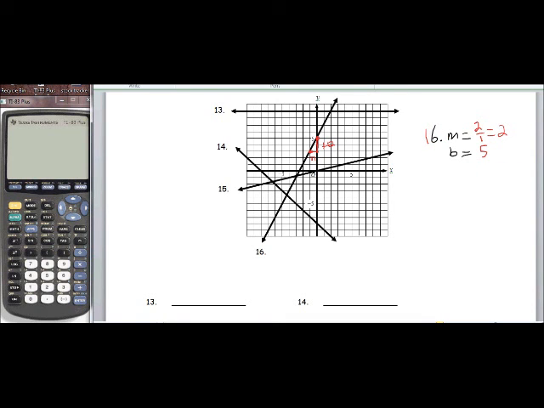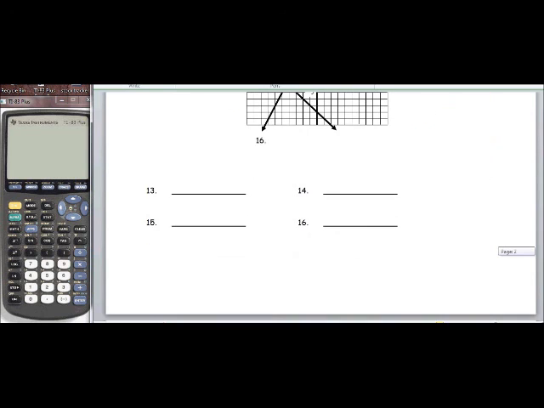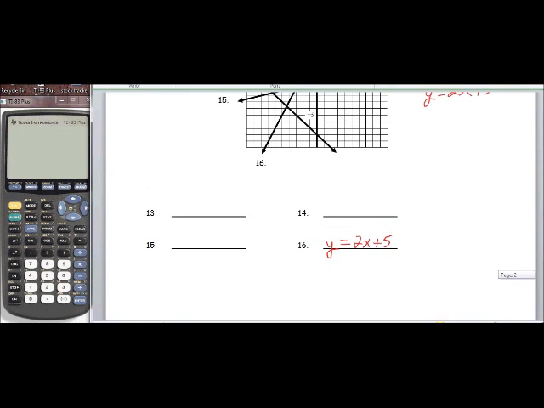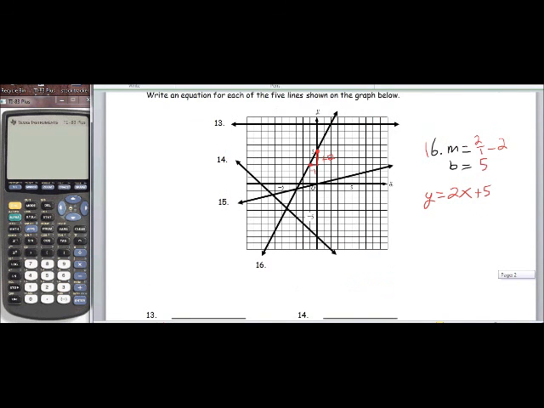When I write my equation, I'm going to write y equals 2x, and then this will be plus 5. And of course what I'm going to do is write that here, y equals 2x plus 5. Your job is to fill in the remainder of your notes.